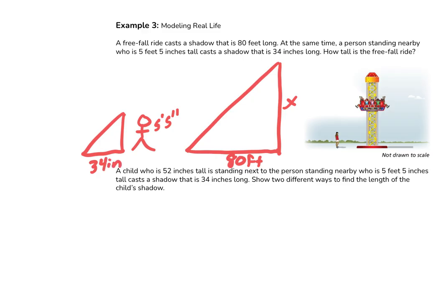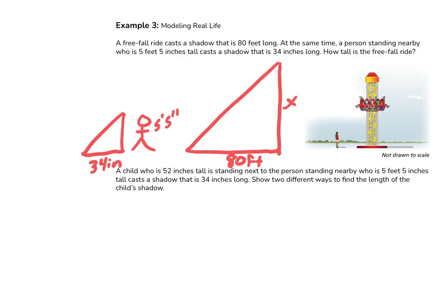To make this easier, I think it's probably easier to change everything to the same unit, right? So that way we're not worrying about what's feet, what's inches, and all that. If everything's in inches or everything's in feet, it would be much easier to change to inches. How many inches are there in a foot? Okay, 12 inches in 1 foot. So this one down here is already in inches, right?